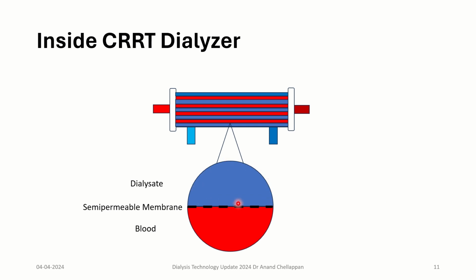So on one side of the fiber we have the dialysate, and on the other side of the semi-permeable membrane we have blood. So these fibers are made up of a semi-permeable membrane. On one side is blood and on the other side is the dialysate. So across the fibers the blood runs, and on the other side of the semi-permeable membrane is the dialysate.